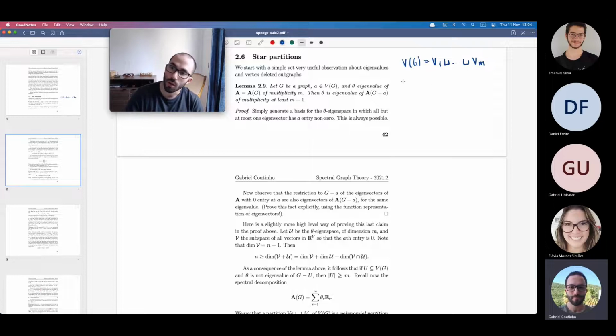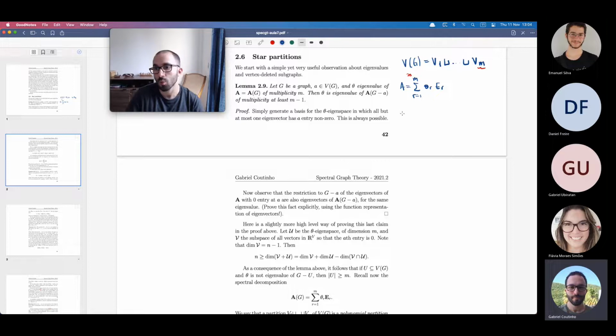I'm also assuming my spectral decomposition of my adjacency matrix is given by this sum, going from 1 to m. So m is the same. This is not just a coincidence. I truly want my partition to have the same number of distinct eigenvalues.